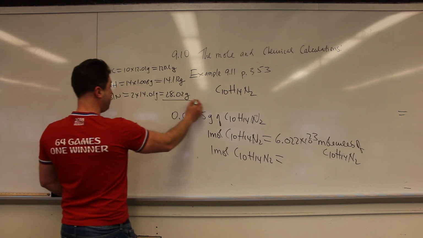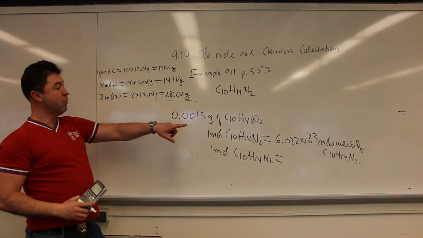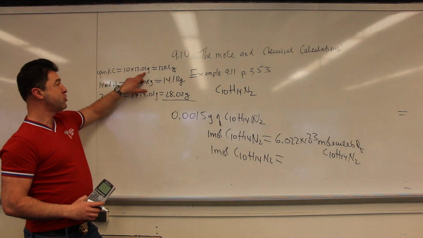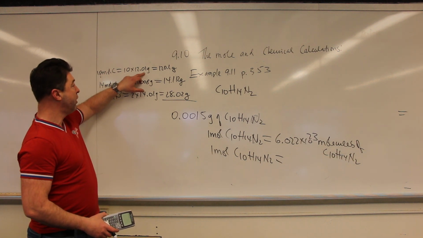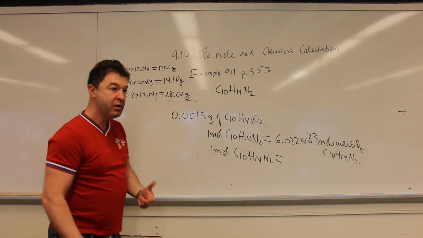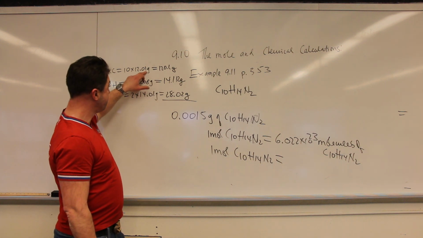Remember, guys, very important: when we calculate the molar mass, we always go by precision. You have to imagine that you take 12.01 ten times and add them all up. So you go by the precision rule. This one is in the tenths place.